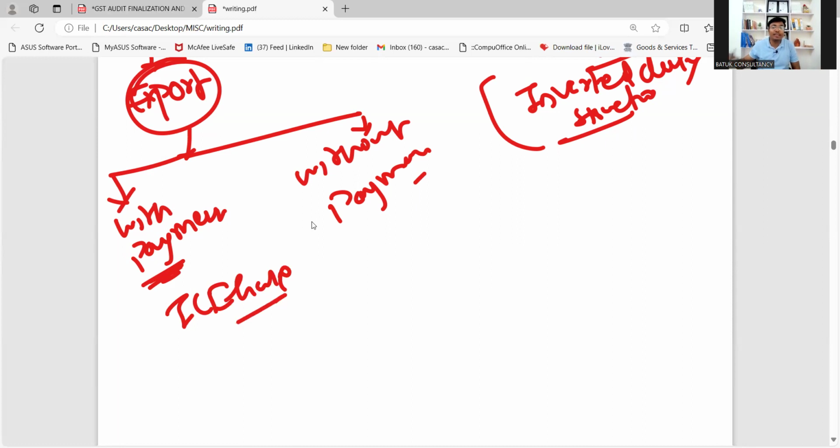You just need to ensure the data over the ICEGATE portal, that the shipping bills and the invoices are matched with the data submitted on the ICEGATE portal or not, or if there are any differences, in that case, we have to report the same and take further actions. If there is any refund on account of without payment of taxes, in that case we have to check whether the input is genuine or not.